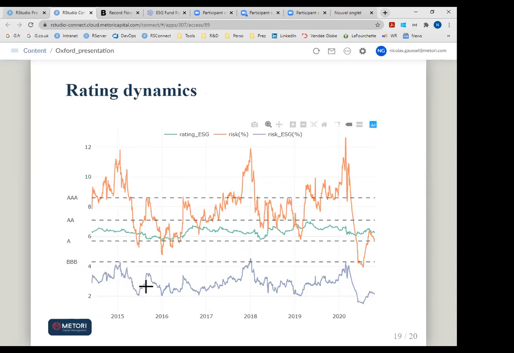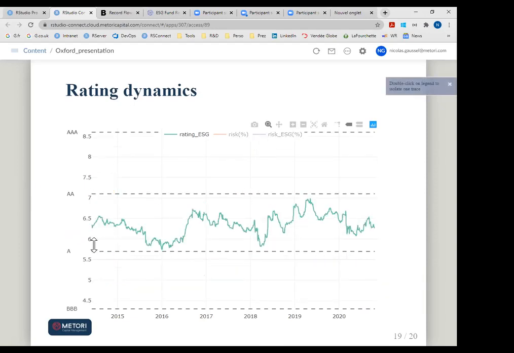Here is the ESG risk when you compute it with the methodology we derived. And if you take the ratio between both, you have the evolution of the ESG rating of our fund. The leverage we use can be very large on those contracts which have a very low volatility. The leverage can be 5, 10.